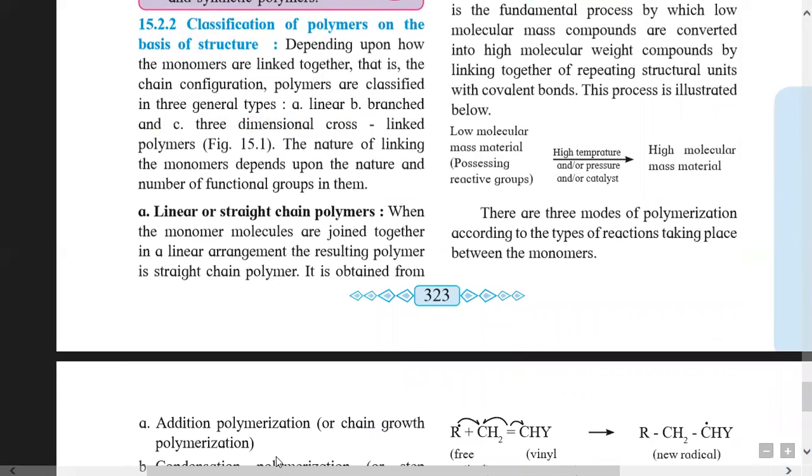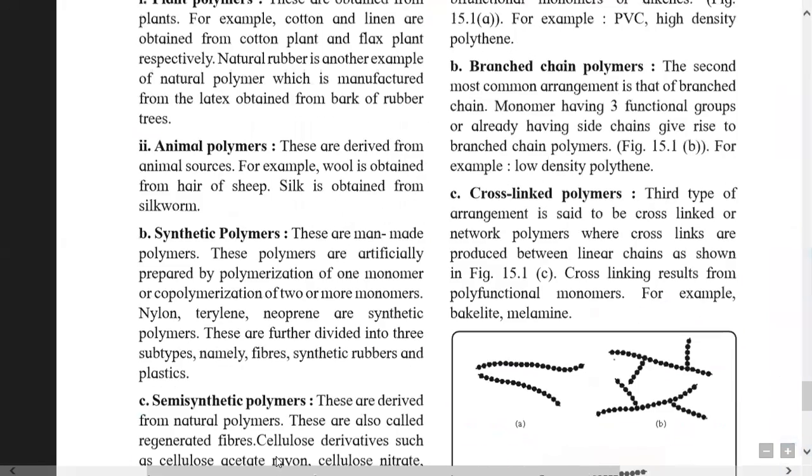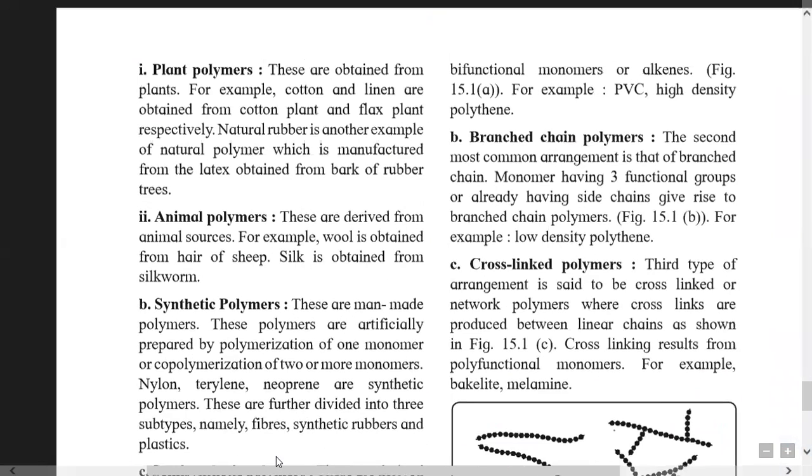So the first type is linear polymer, or they are also called straight chain polymers. When monomer molecules are joined together in a linear arrangement or the straight chain arrangement, resulting in a straight chain polymer, it is obtained from bifunctional monomers or alkenes.